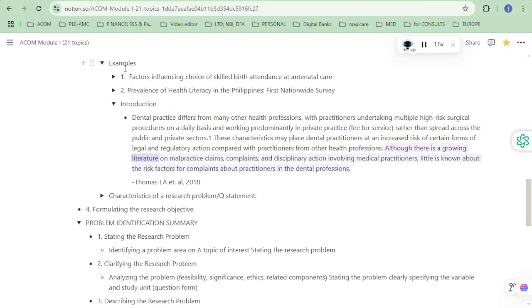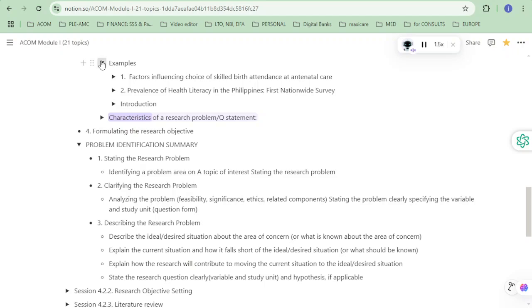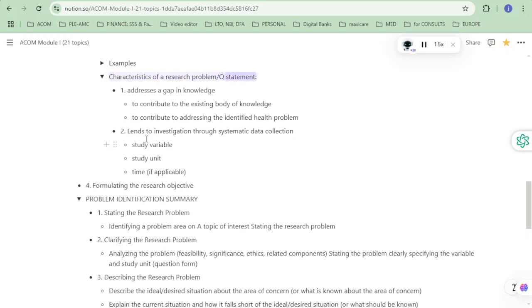Although there is a growing literature on malpractice claims, complaints, and disciplinary action involving medical practitioners, little is known about the risk factors for complaints about practitioners in the dental professions. Thomas et al., 2018. Characteristics of a research problem/question statement.